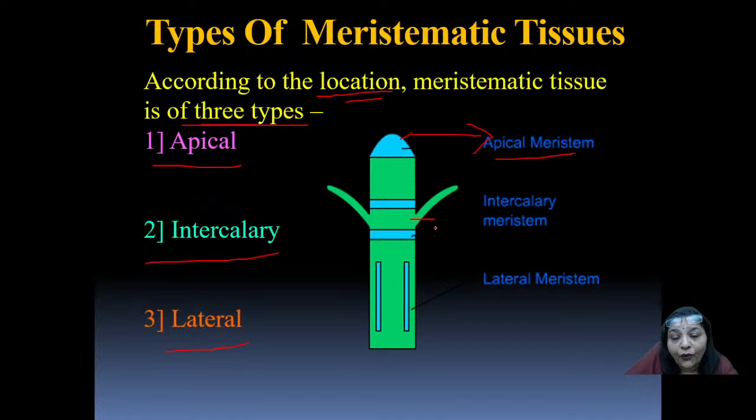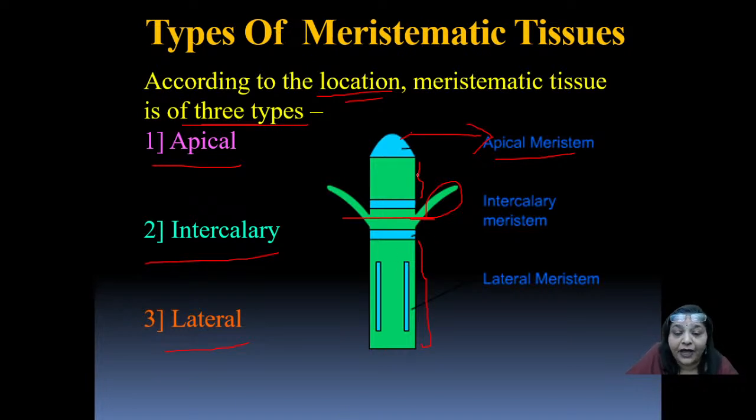So this is the node where this leaf arises, right? And in between these two nodes, you have a region. For example, this region between two nodes is called the internode.